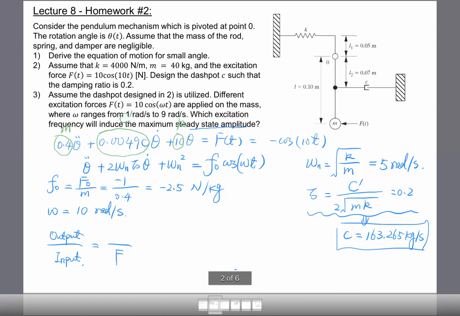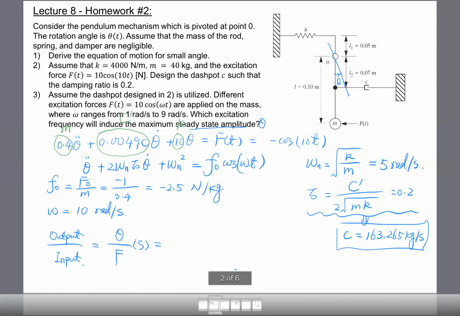And the output is the angle theta. We want to check the maximum theta amplitude in this frequency range, so your output should be theta.